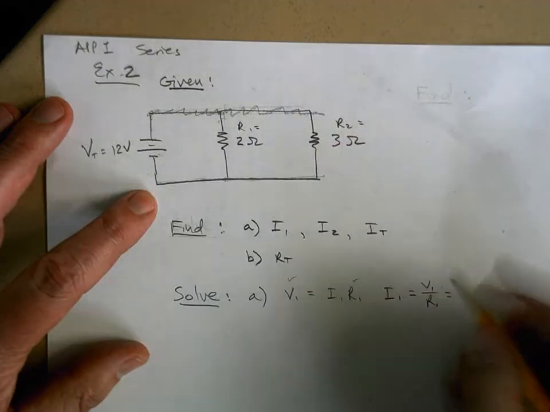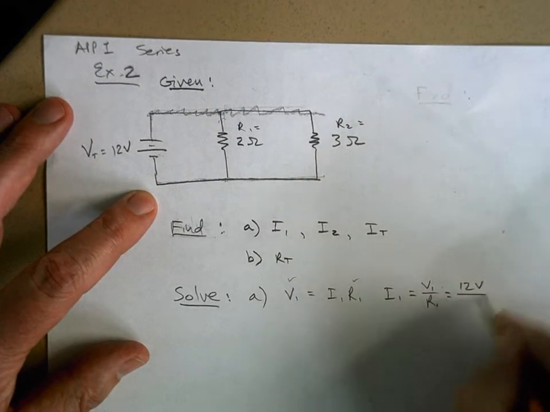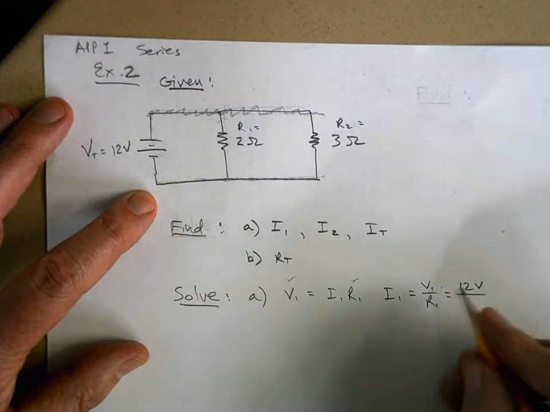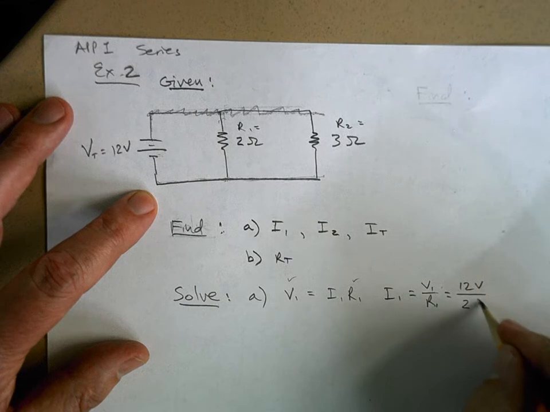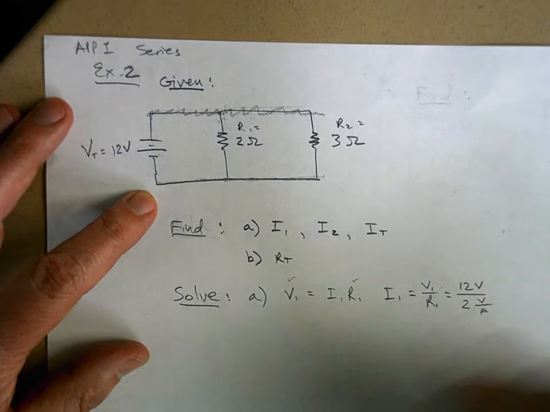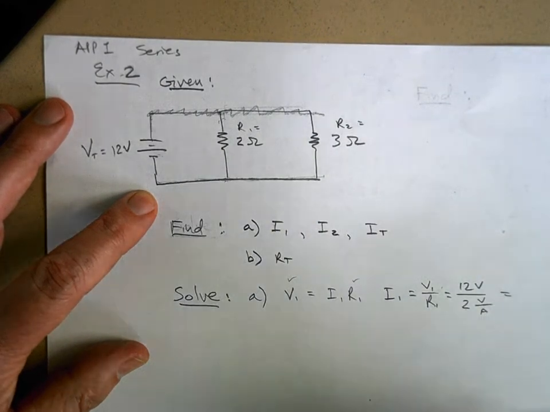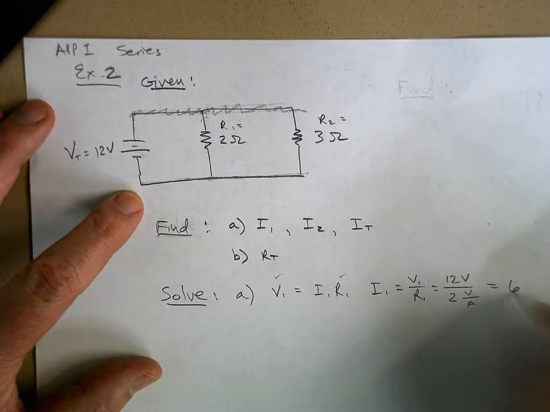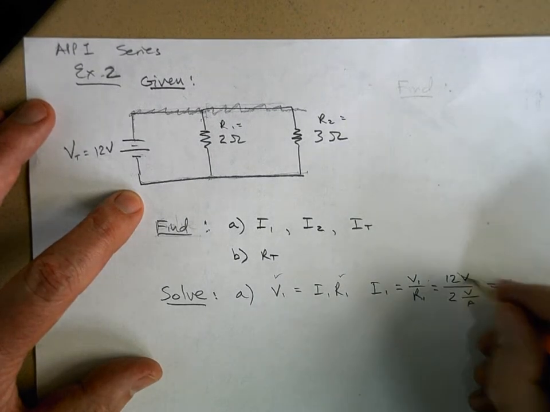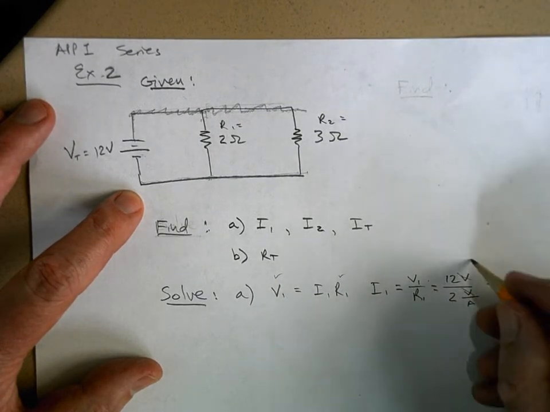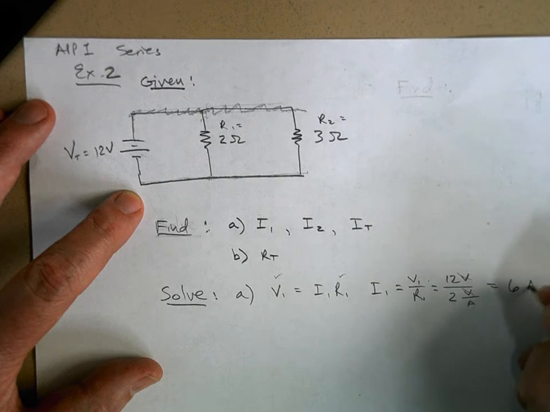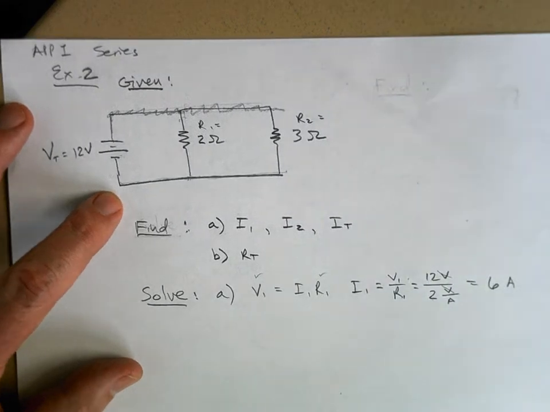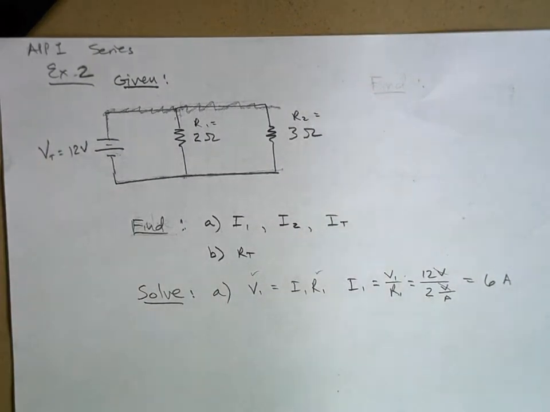Well, V1 is 12 volts. And R1 is 2 ohms, which is a volt per amp. 12 divided by 2, well, in America, that's 6. But volts divided by volts cancels, and you have 1 over amps. Reciprocate and multiply, you just get amps. So 6 amps of current flowing through resistor 1.